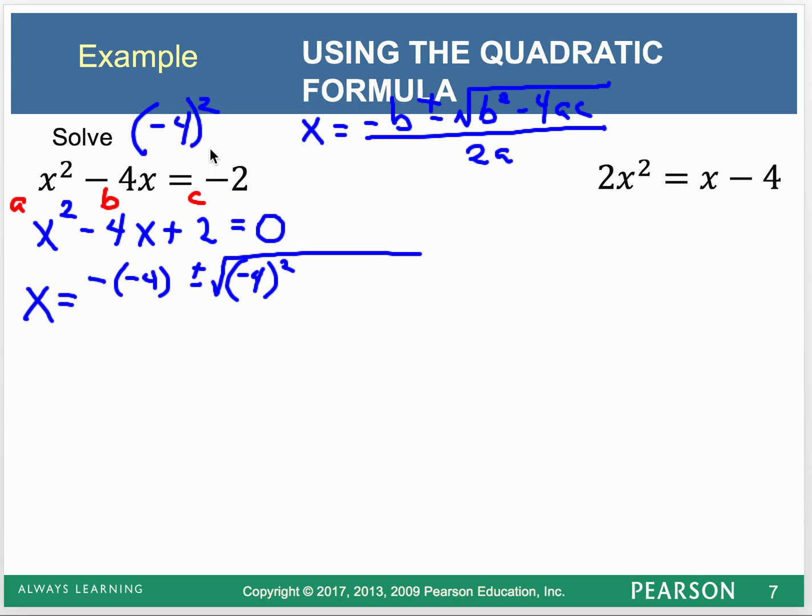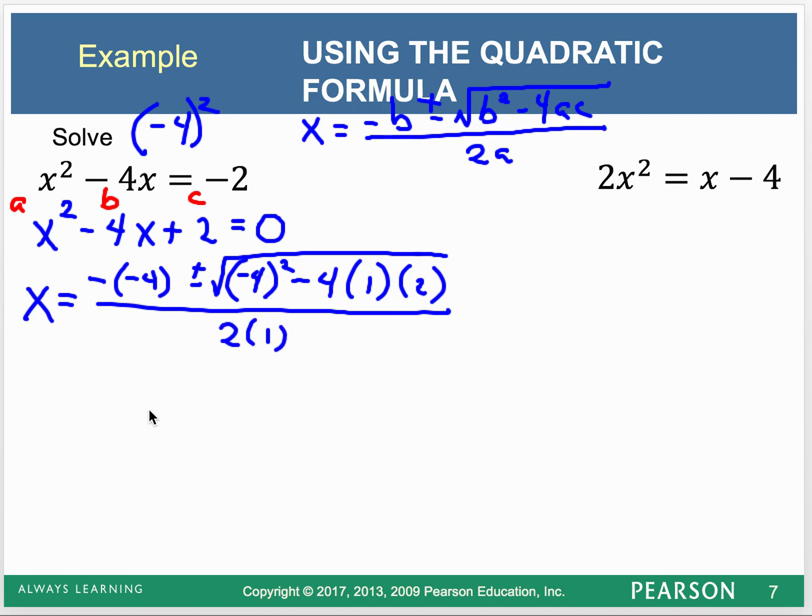Without the parentheses, it's -16. So careful on our notation. -b plus or minus b squared minus 4 times a times c all over 2 times a. And then we just got to simplify all these numerical values over here.